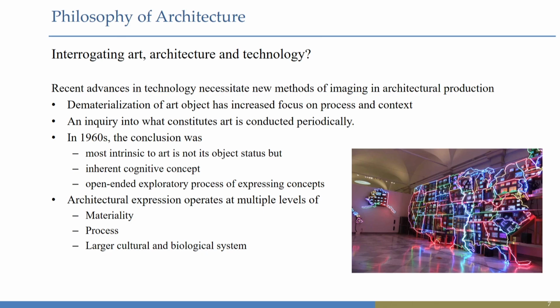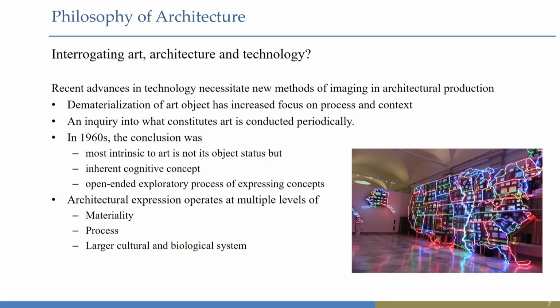So, it means that what really defines art as art is not so much that it is an object that can be touched and felt, but the concept that is inside that object.